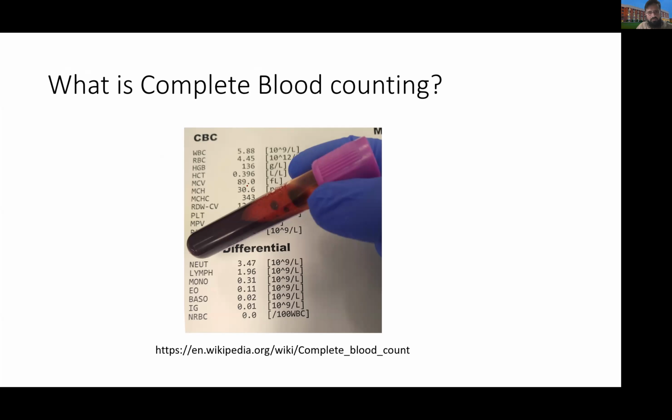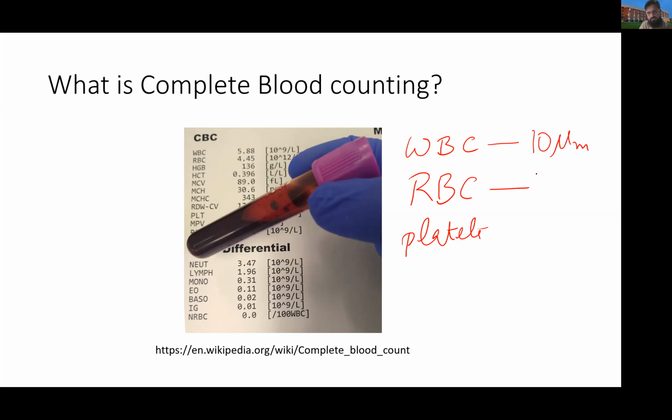Inside a CBC, people measure white blood cells (WBCs), red blood cells (RBCs), and platelets, and these have different size ranges. WBCs are of the order of 10 micrometers, RBCs around 5 micrometers, and platelets around 1 micrometer. So you have size variation with the type of blood cell, and that variation will be used in our device to give you the count of different types of blood cells.